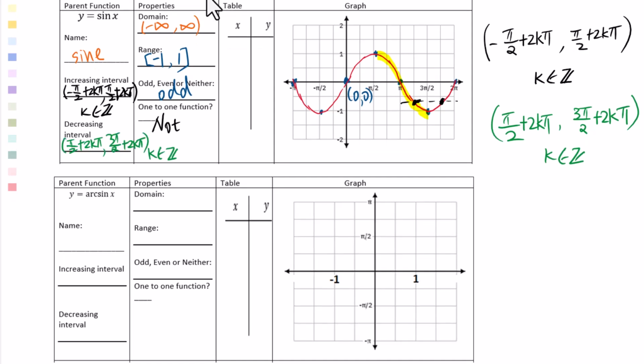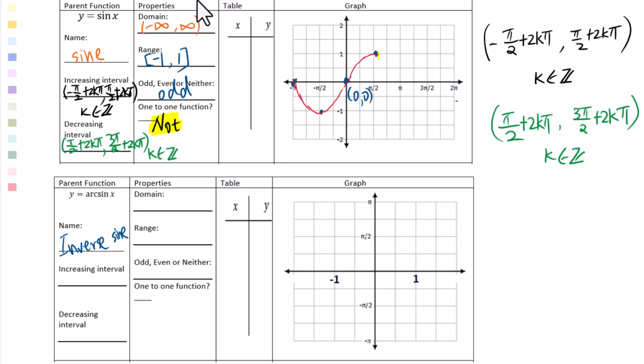y equals arcsin x is the inverse function of sin x, the inverse sine function. Since the sine function is not one-to-one, how do we get the inverse sine function? We restrict the domain of sin x. How do we restrict the domain?